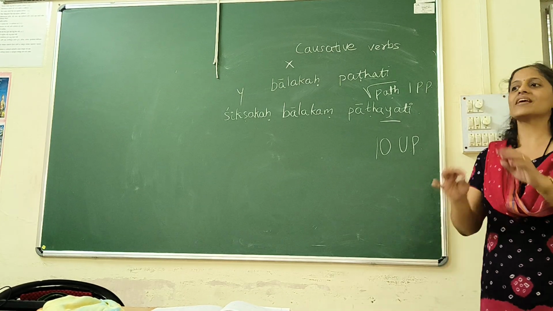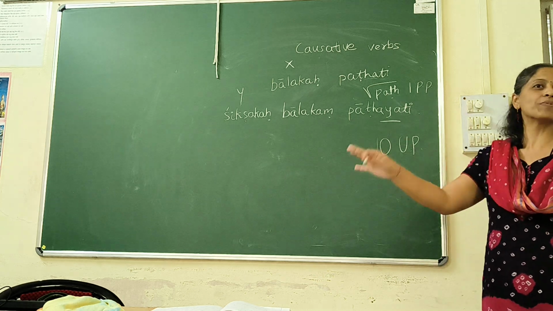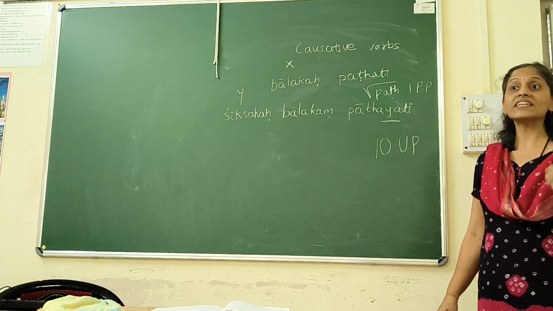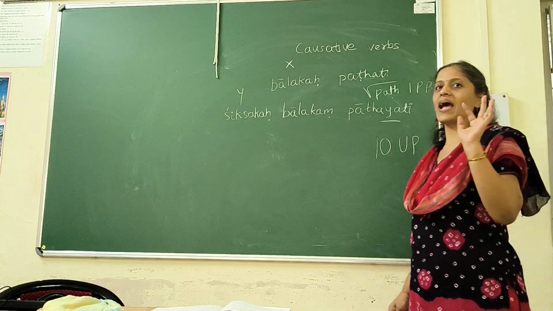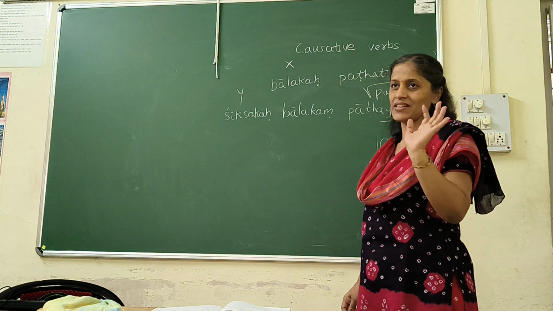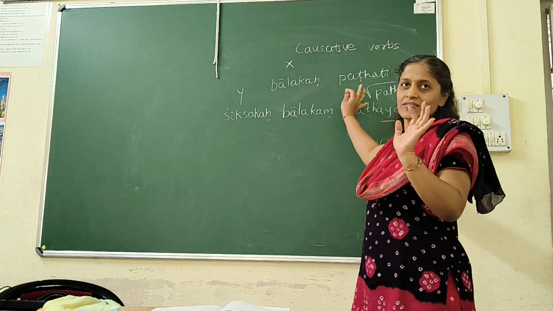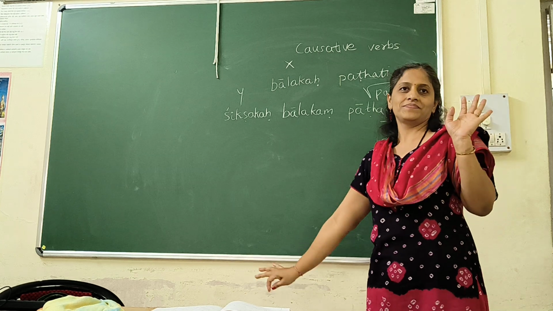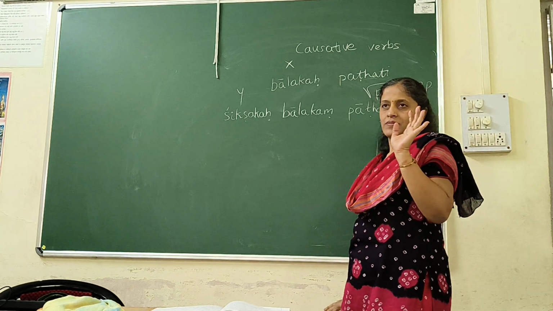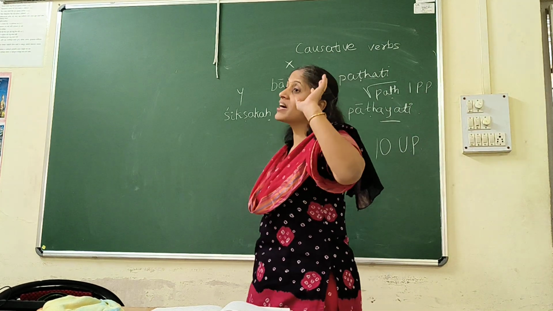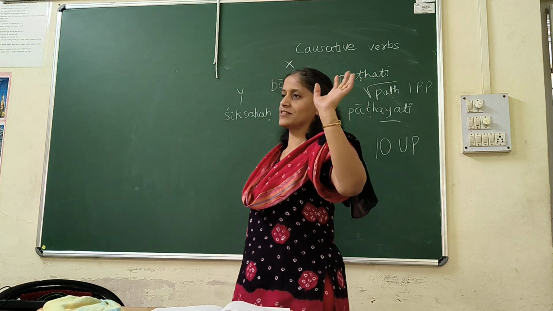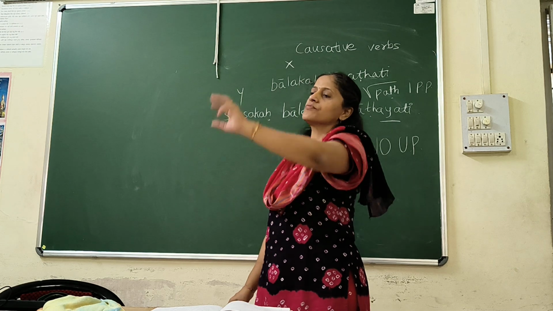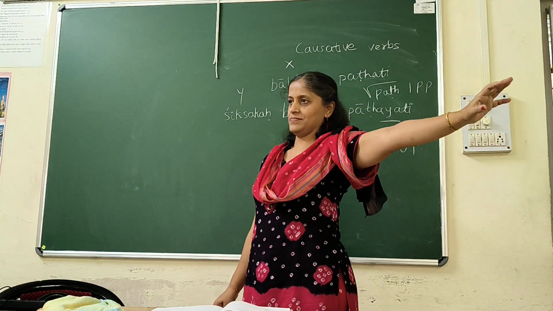So all verbs in causative are 10 UP verbs. If you want causative sense, you consider it as a 10th class verb, though it's actually not. You have to consider it as if it is of 10th class and then form the verbs accordingly.